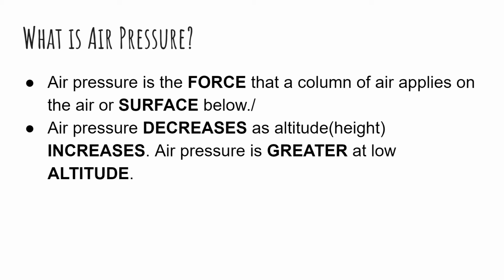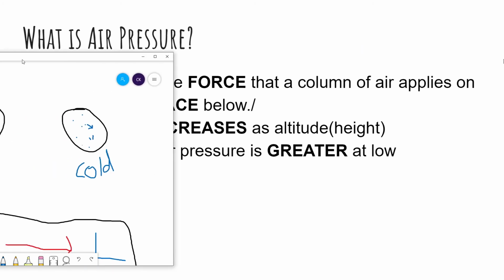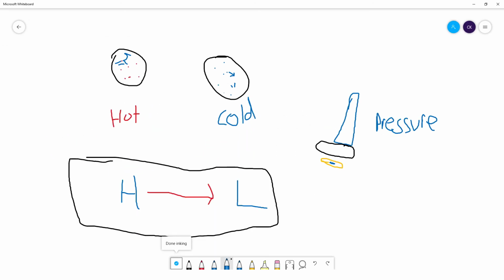So again, I'm going to bring the whiteboard over here. I drew a picture of a guy stepping on gum. He's putting his foot down, which means he's applying pressure to the ground. The harder he stomps, the more pressure he's going to apply. You should have learned that last year in physical science.